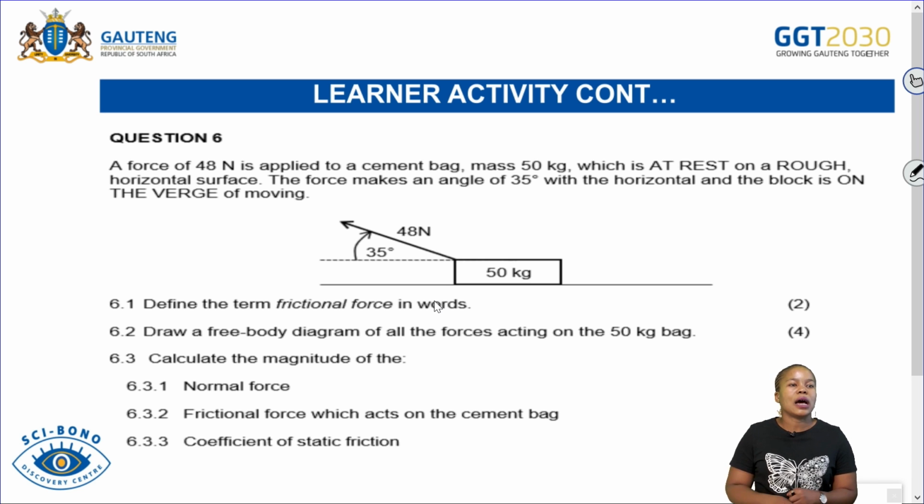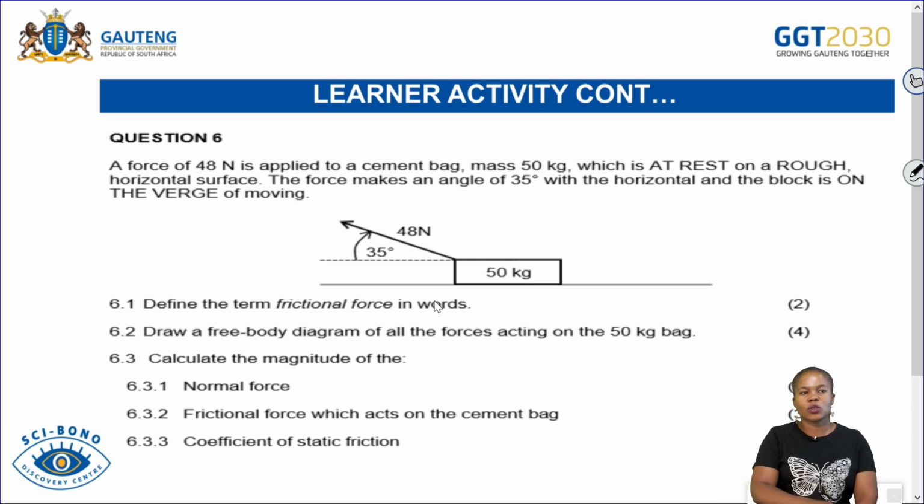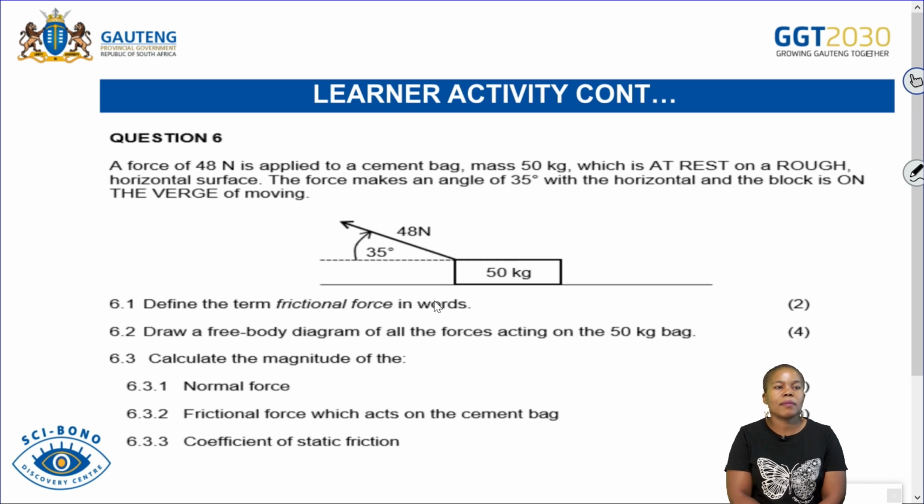Now there is a nice diagrammatic representation of what they're talking about: 50 kg, here's your 48 newtons of the applied force, which is applied to the bag of cement and acting at 35 degrees to the horizontal. First question on your question number 6, it says define the term frictional force in words.